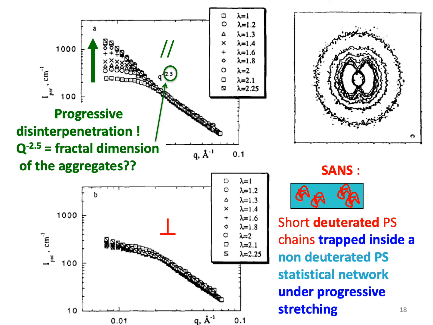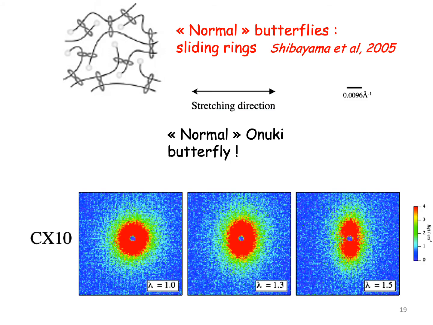Meanwhile, on the top of the figure, you see the parallel scattering, which shows a progressive disinterpenetration of the heterogeneities when lambda is increasing. So in most cases for networks, you have this disinterpenetration effect of heterogeneities, which leads to the butterfly oriented as you saw before.